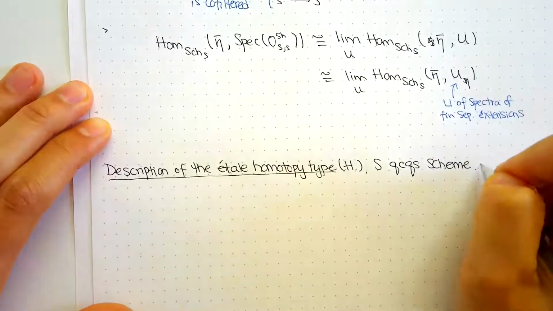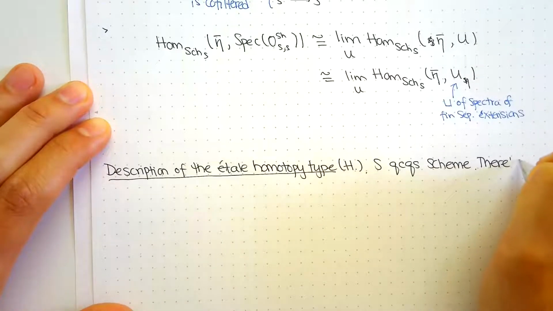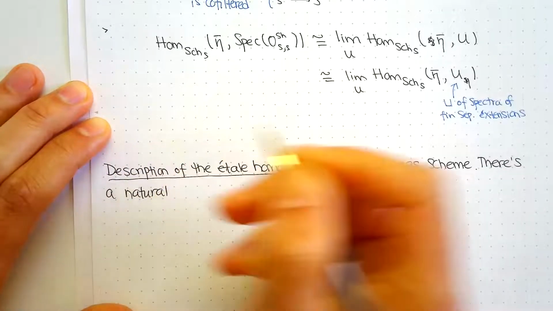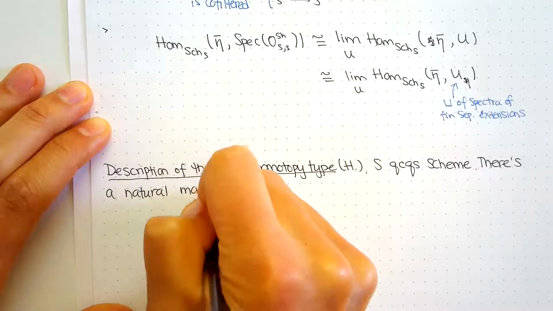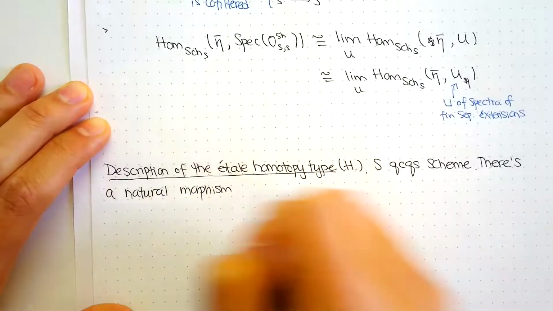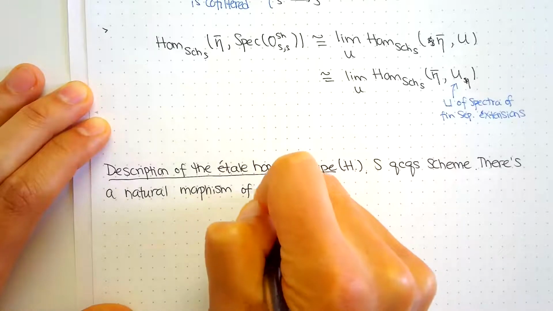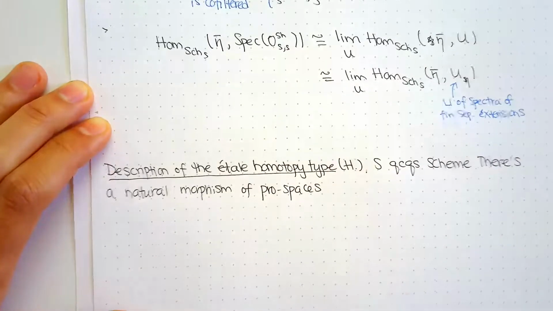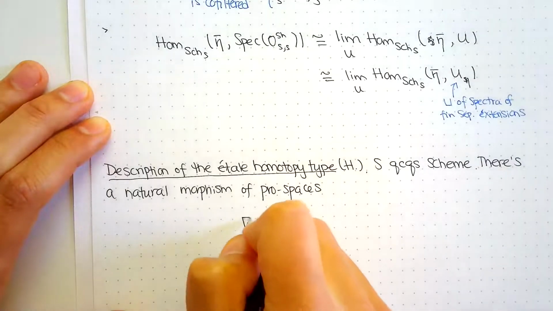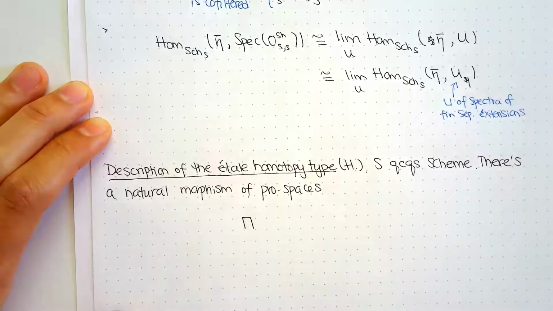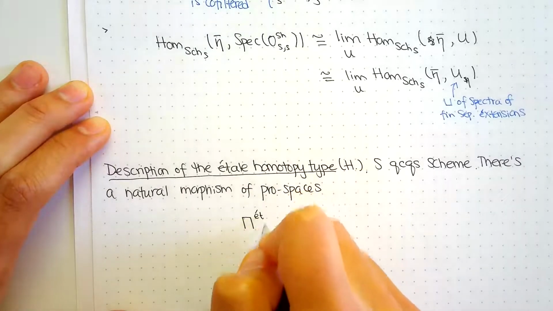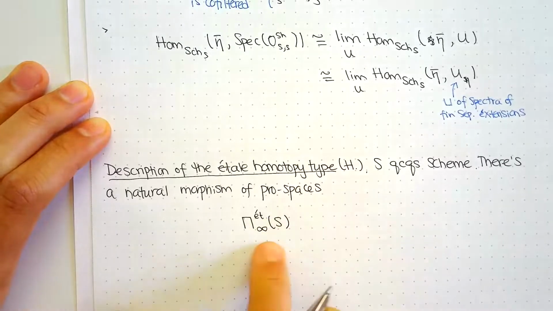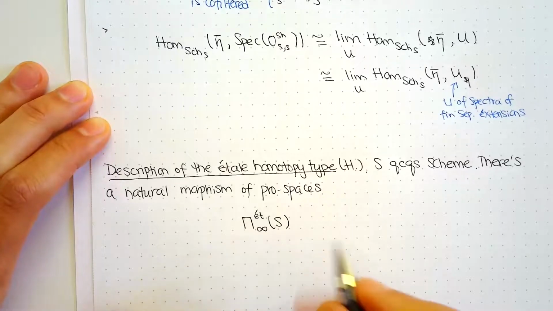There's a natural morphism of prospaces. As it turns out, there's a non-profinitely complete version of the Étale homotopy type, so I'll write this without a hat. And the profinitely complete version is the profinite completion.